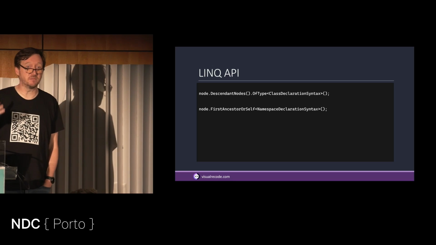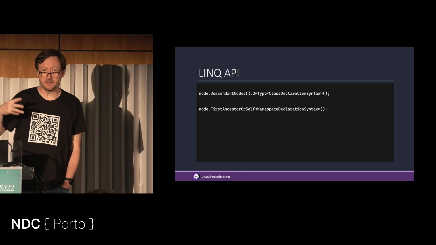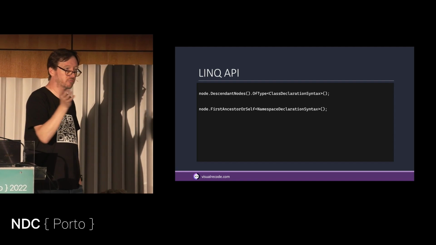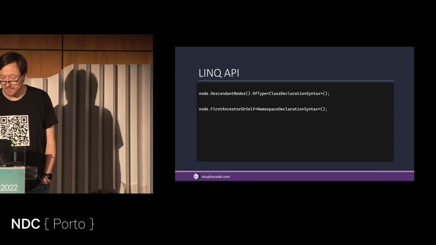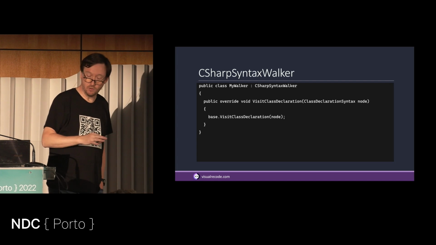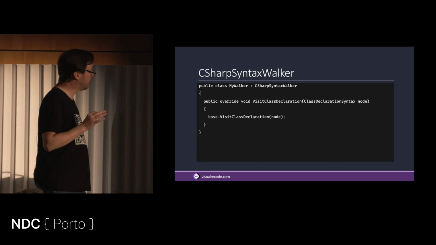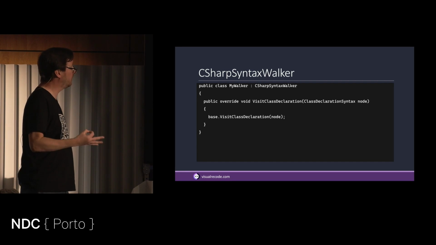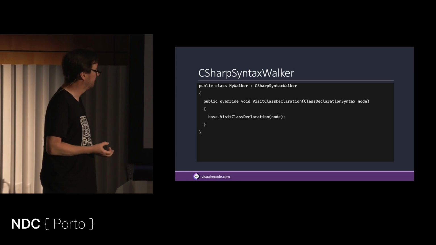So this is great for something that's analyzing code on check-in or rewriting WCF as gRPC or whatever it might be. But if you want something that's a little bit more performant and easier to work with, then there is the C# syntax walker.